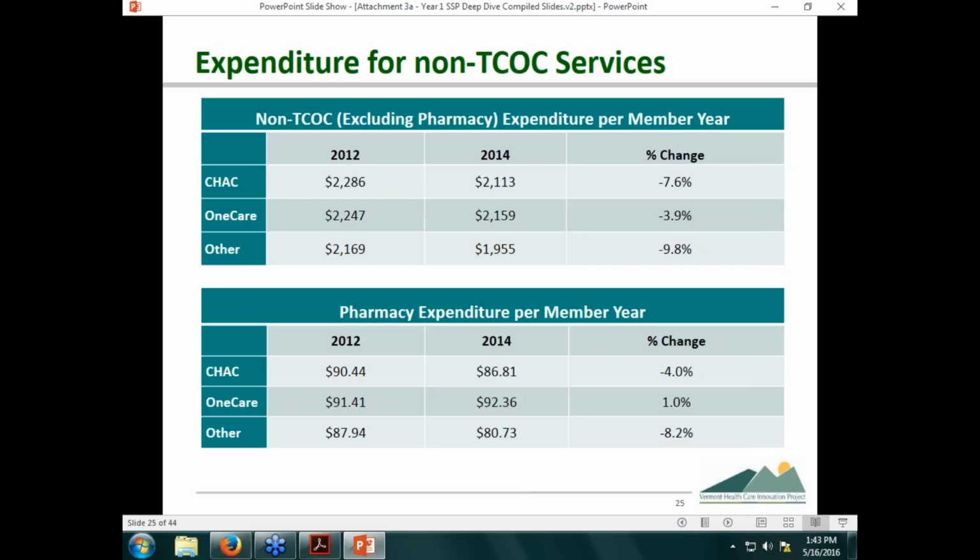This was something that we wanted to look at just to see if, as a result of the total cost of care being more defined, there was any shifting of utilization from the total cost of care services to the non-total cost of care services. We're really not seeing much evidence of that based on the first year of data, but it's certainly something we'll continue to watch.